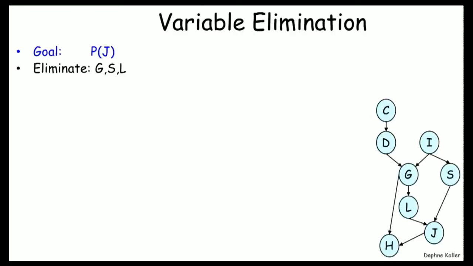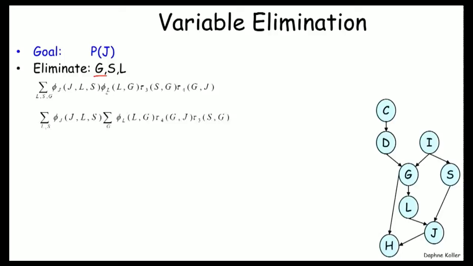Okay, next is eliminating g. And we have this expression, which we inherited from the previous slide. And g is one of the big ones because it appears in phi L, tau 3, and tau 4.